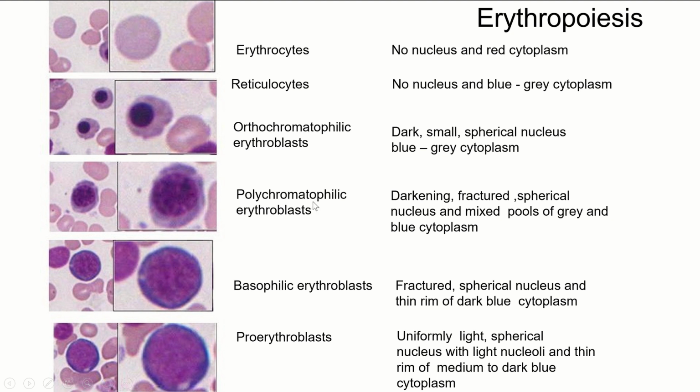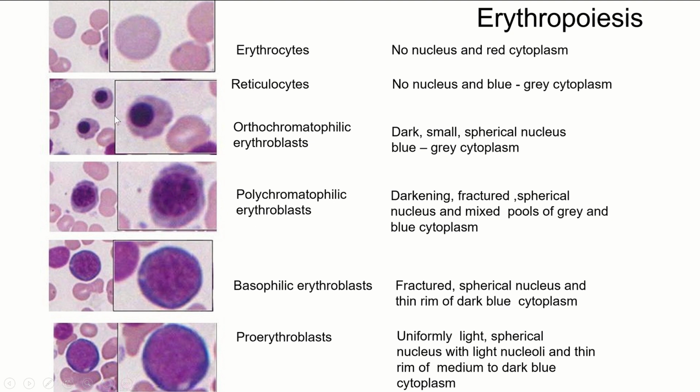Then we've got the polychromatophilic erythroblasts. So the nucleus is condensing even more. You can see there are little areas where the nucleus is darker than others, so that's what polychromatophilic means. It means more than one color-loving, so it's going to stain with different colors and textures within the nucleus because it's condensing in different places.